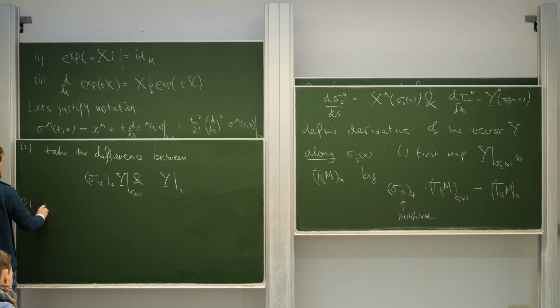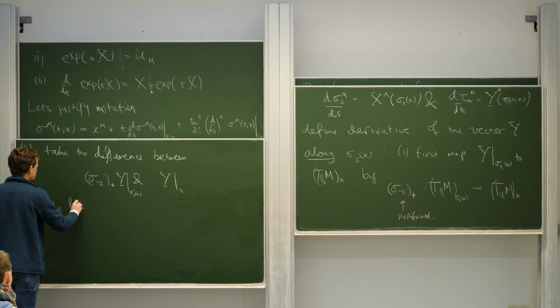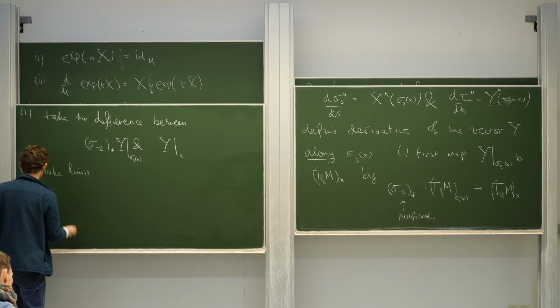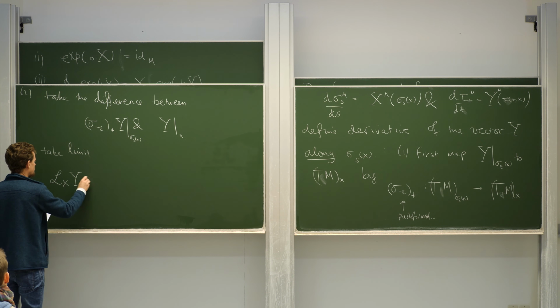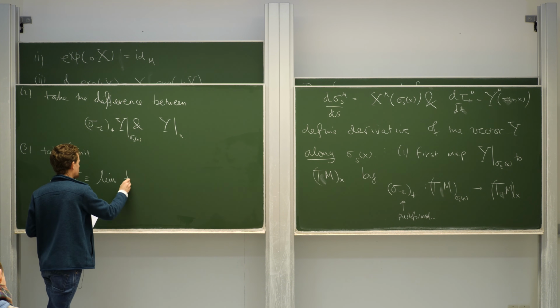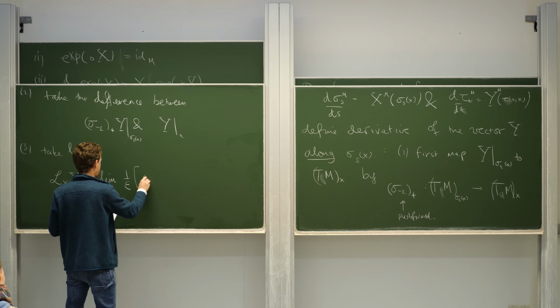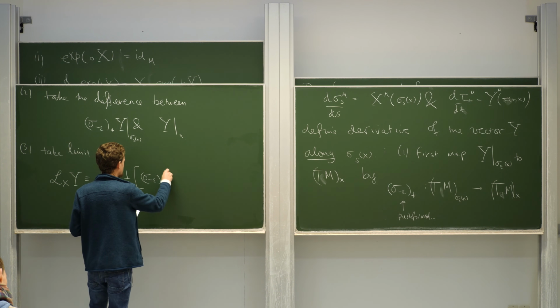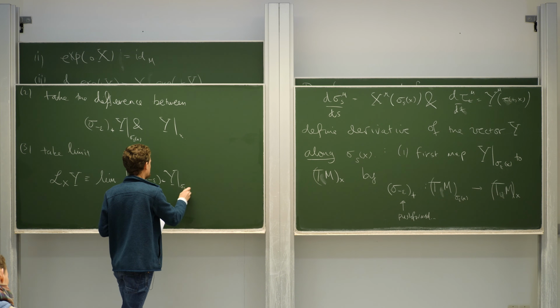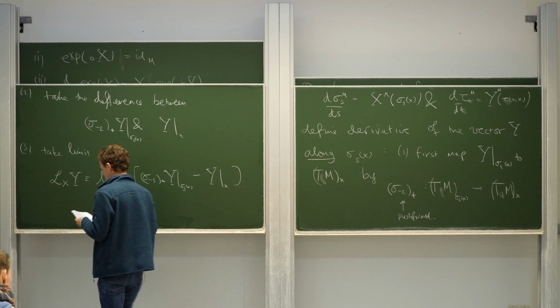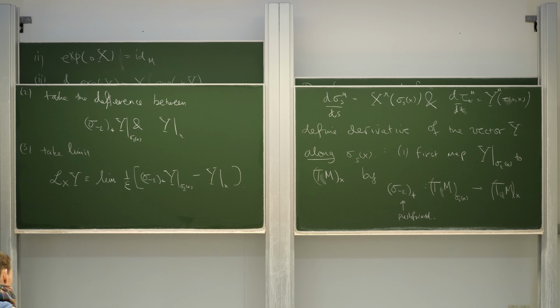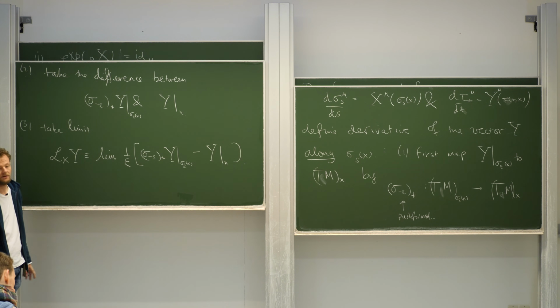And then third step is take the limit of these differences. And that is a bona fide definition, a derivative operation for vectors.